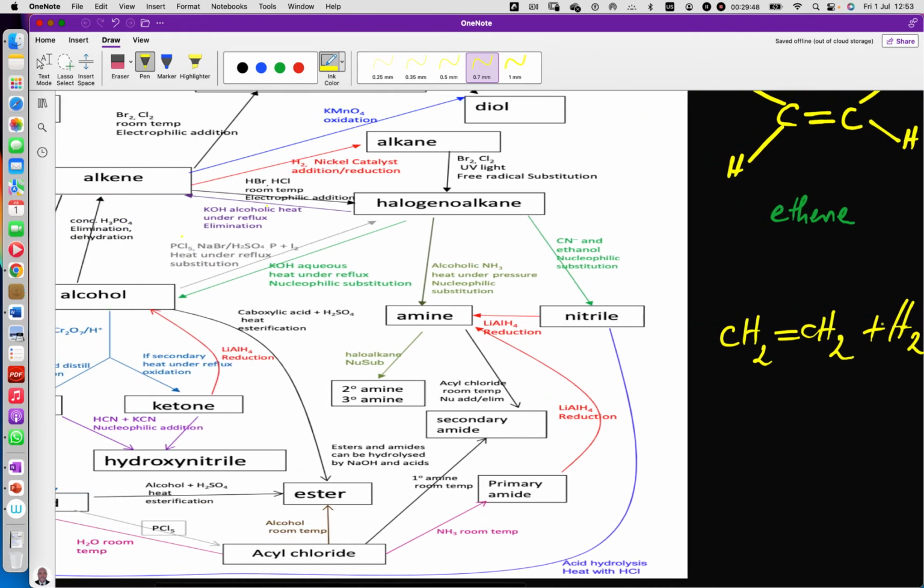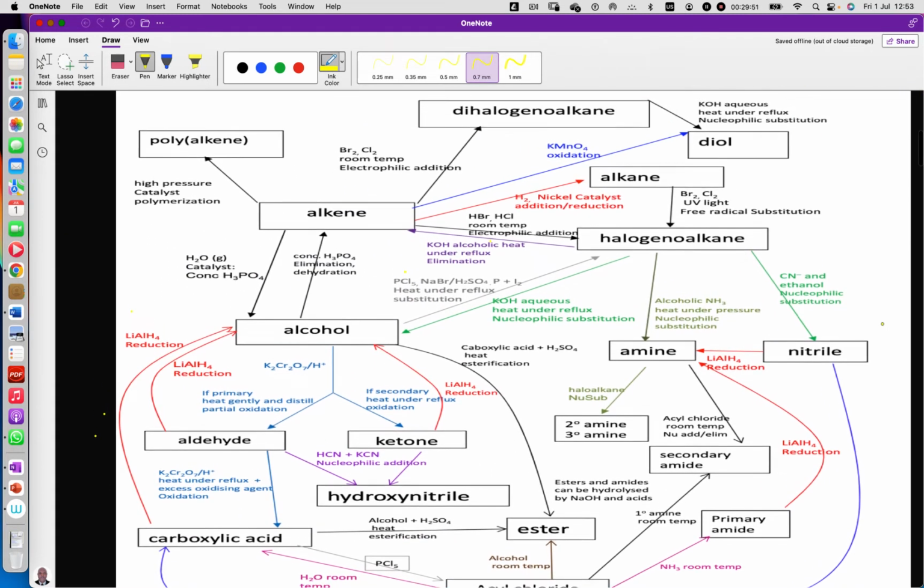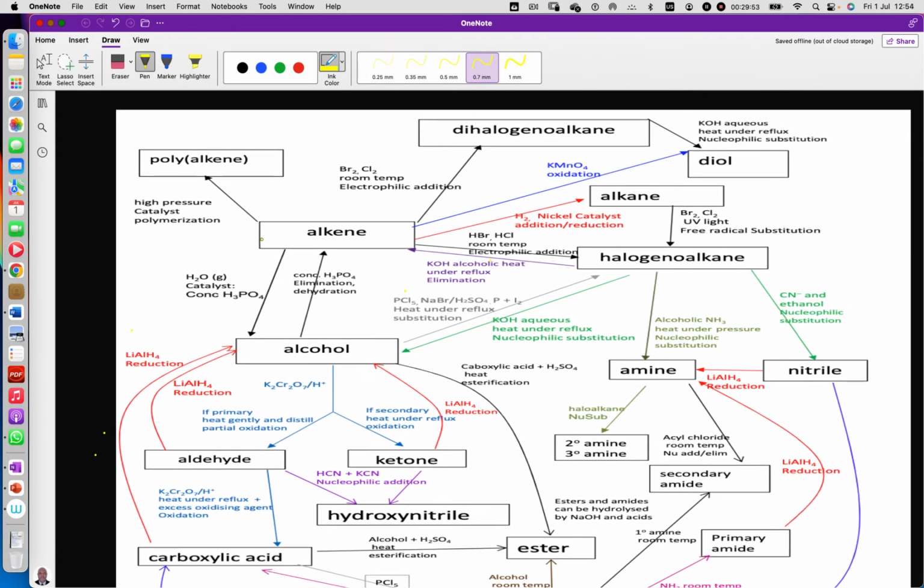Now again, alkene undergoes another type of reaction at high pressure with a catalyst: polymerization. It should be remembered that alkene undergoes what we call addition polymerization. With addition polymerization, alkene can form many other polymers.